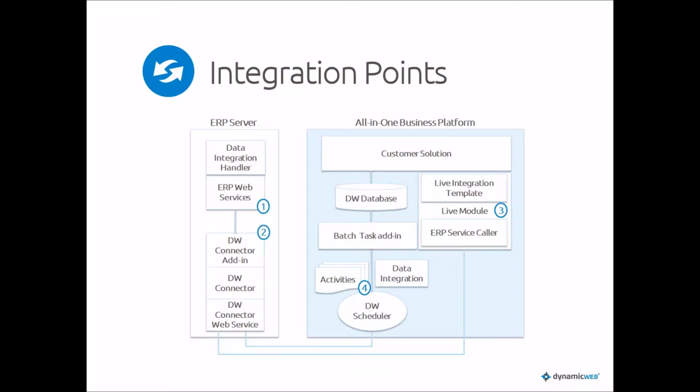That's number two here on the drawing. So you can extend these two services to your needs, and you can extend the Dynamicweb live integration part within Dynamicweb, either on the scheduler or on these live events that occur within the system. And this is what this drawing shows you.